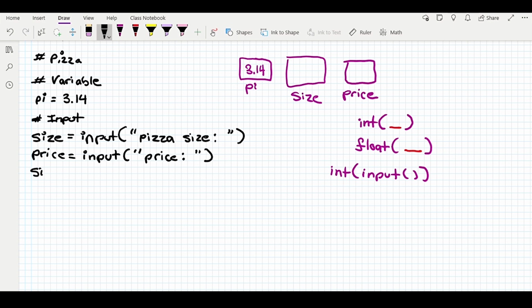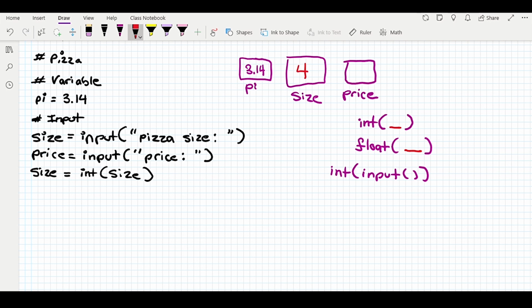That size variable, we're going to use that again, so size is now going to be equal to int size. So whatever value is inside of the memory that we've made for size, we're going to update that with int size.